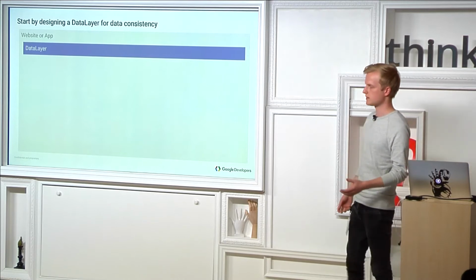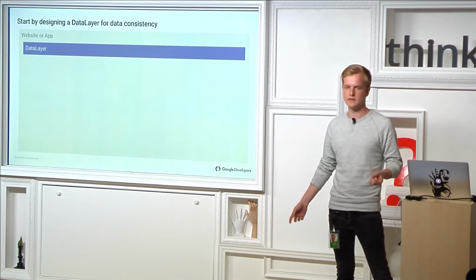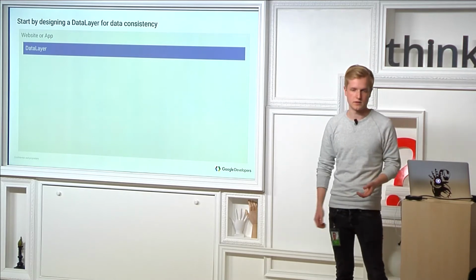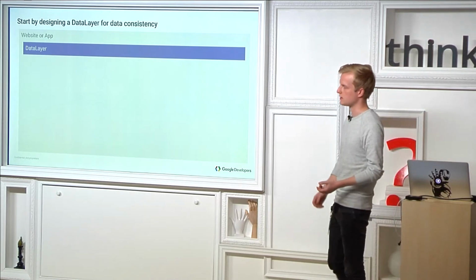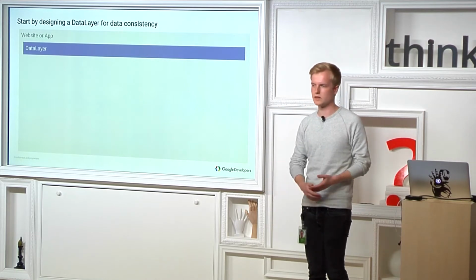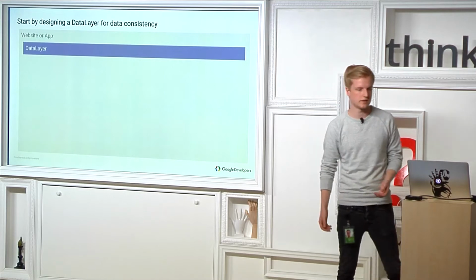The data layer is basically something that's holding all of your tags, and the tags in the data layer can be fired by triggering them. And in the data layer, you would pass variables, which then would be sent to either Google Analytics, for example, or anything else.